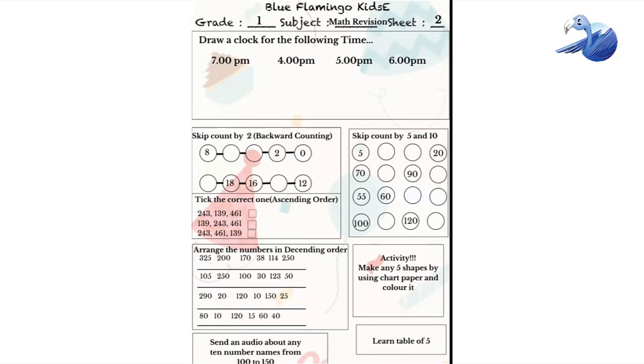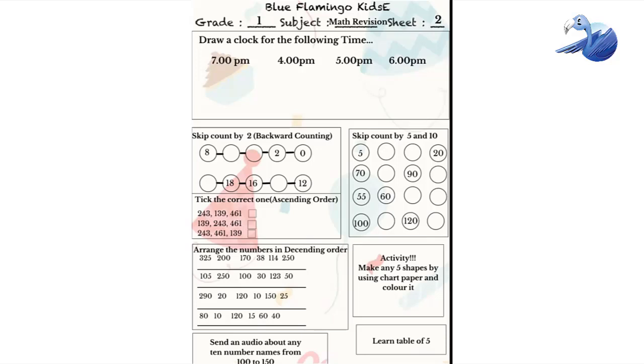So the time is 7 p.m. Next is 4 p.m. We draw the circle and write down the numbers, and the small hand of the clock comes on 4 and the big hand on 12. So the time is 4 p.m.